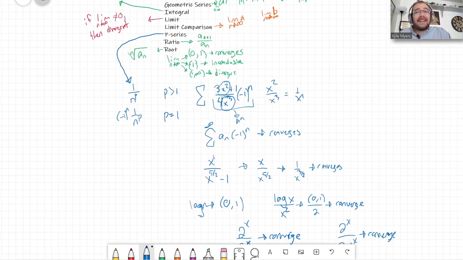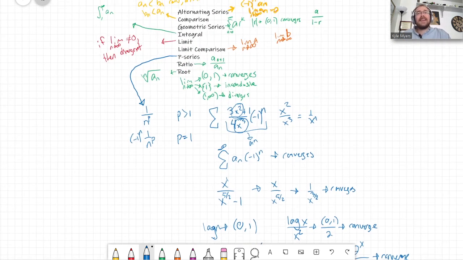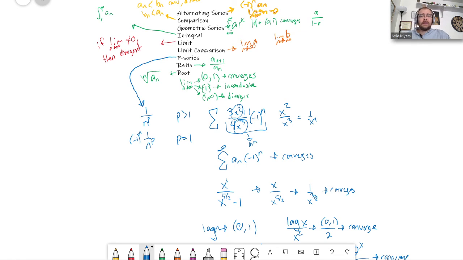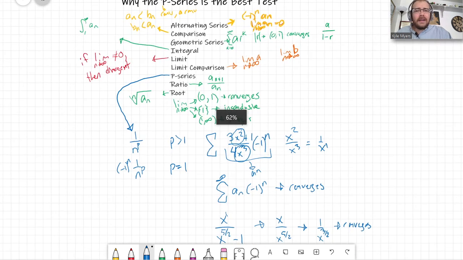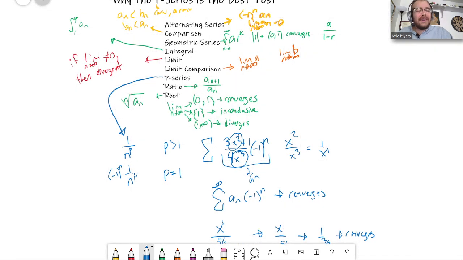So that is why p-series is the best test for convergence and divergence. You can take a little bit of what's useful about these other tests and put it into p-series and make it the absolute best one.